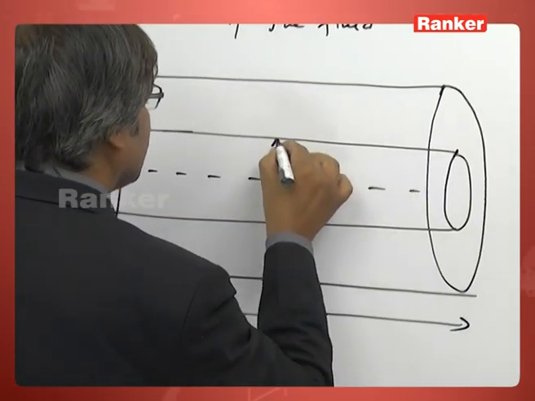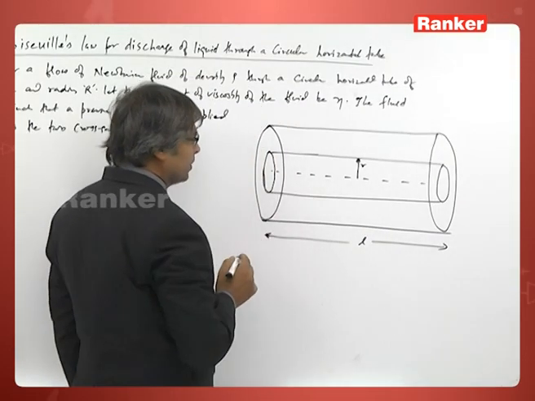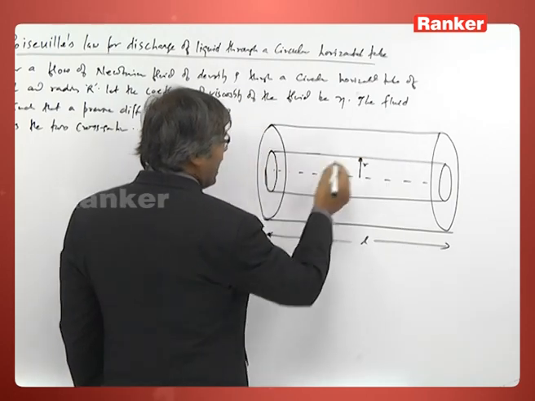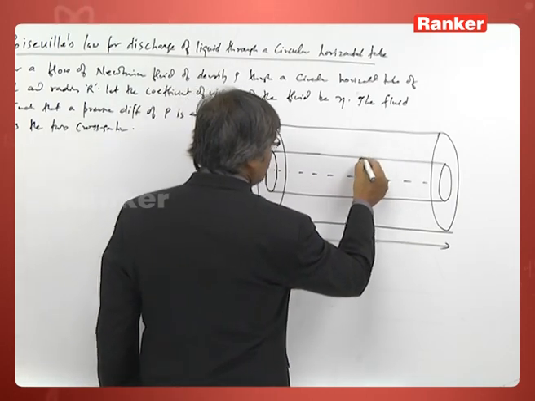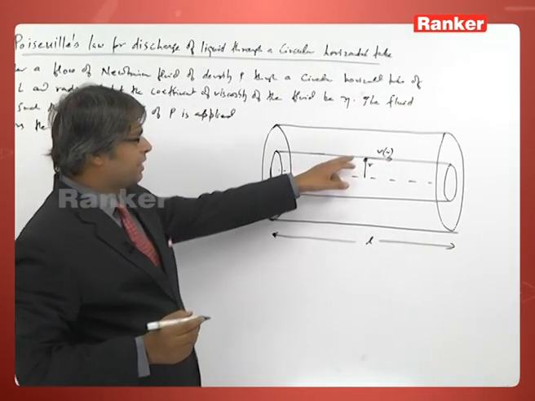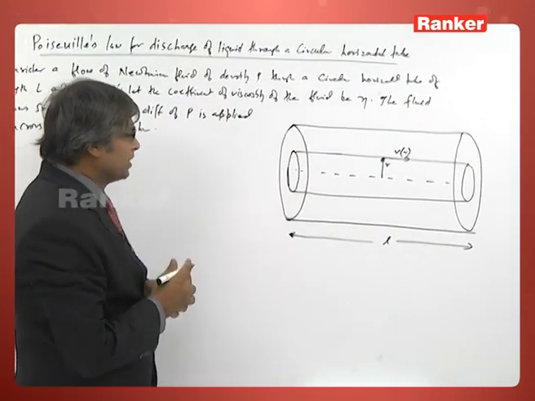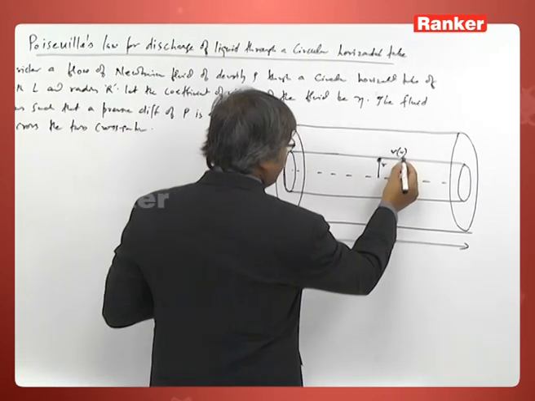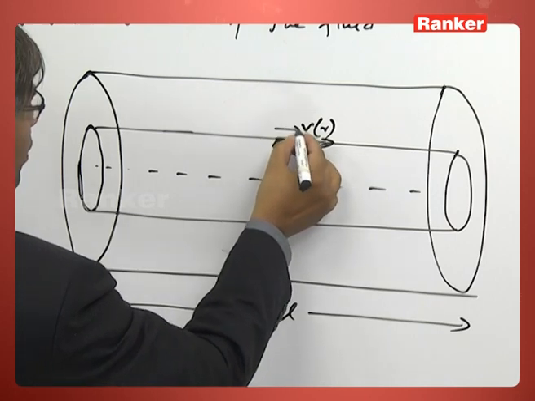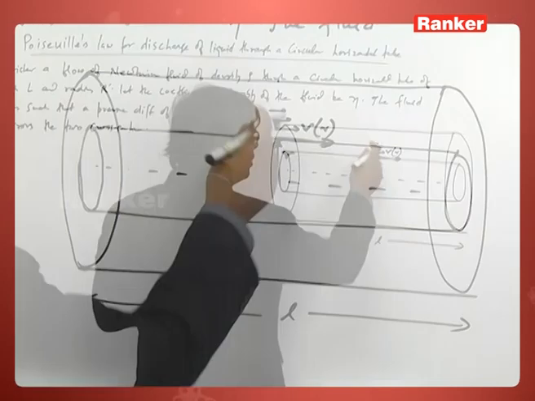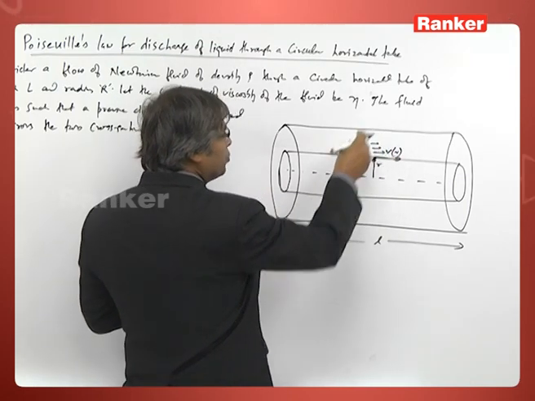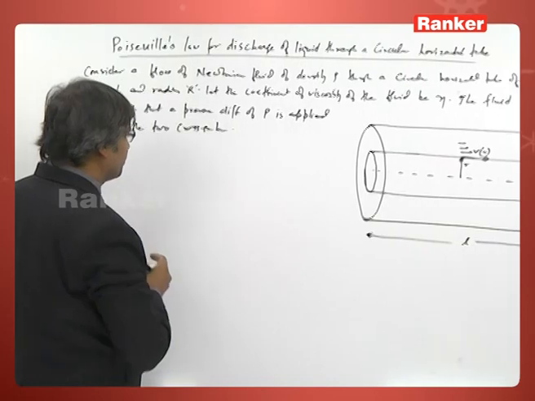Suppose this layer has a velocity v, so this velocity v as a function of r is here. This velocity profile is something like this, and as you go on you have lesser velocities like this. I don't know what the profile is presently, but as you go on it will be decreasing.